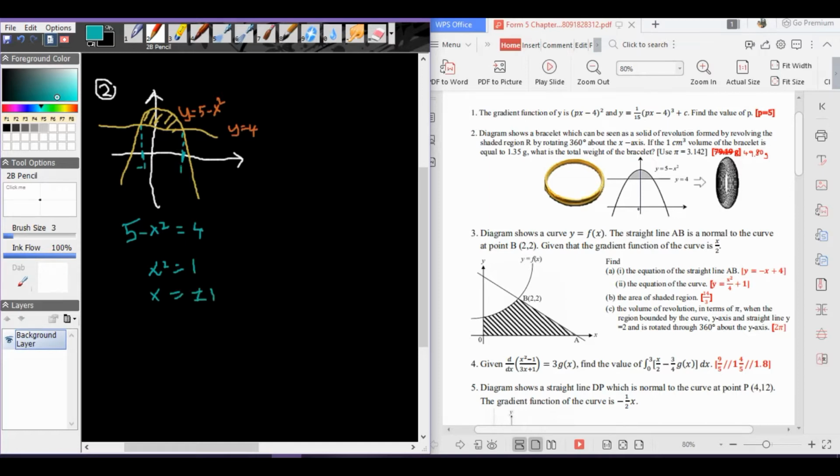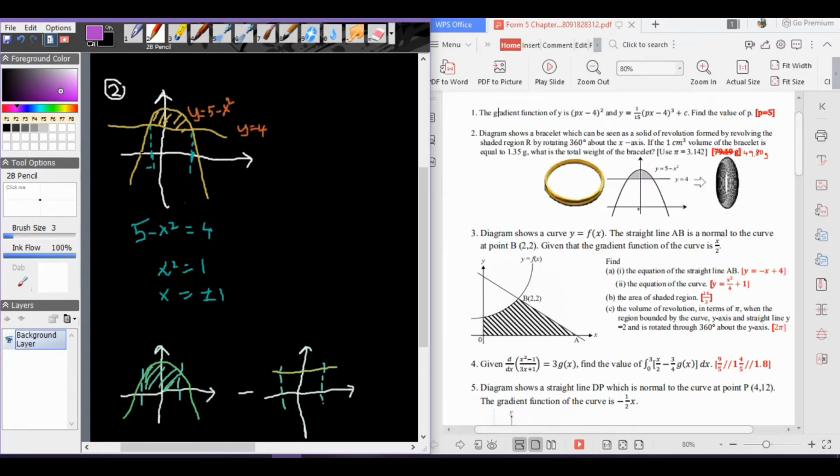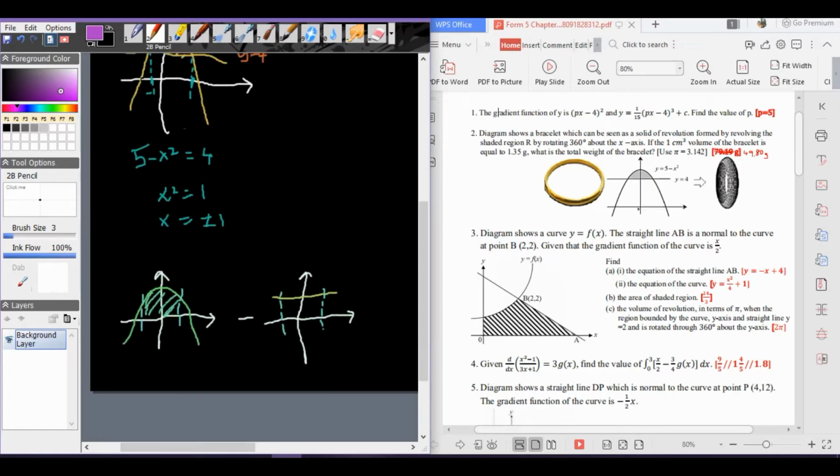So this is negative 1 and this is 1. To find the volume of this shaded region, first we have to find the volume for this curve, from negative 1 to 1. When we rotate this region 360 degrees about the x-axis, you will have a shape like this. This is the volume of the solid generated by the curve.